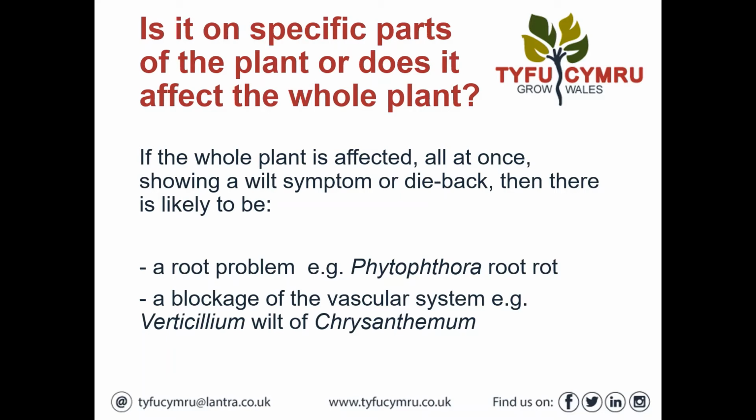An example of this would be Phytophthora root rot, and it attacks the root, and therefore all the above ground plants are affected at more or less the same time. Or it might be caused by a pathogen that causes a blockage of the vascular system, the system that brings water up into the plants. And if the water doesn't reach the top of the plants, you'll get wilting. An example of that is verticillium wilt of chrysanthemum.